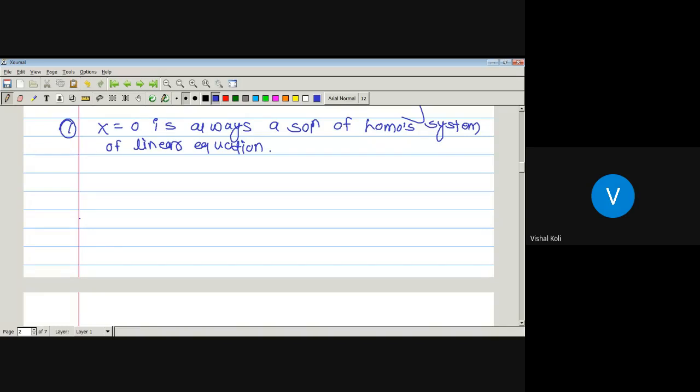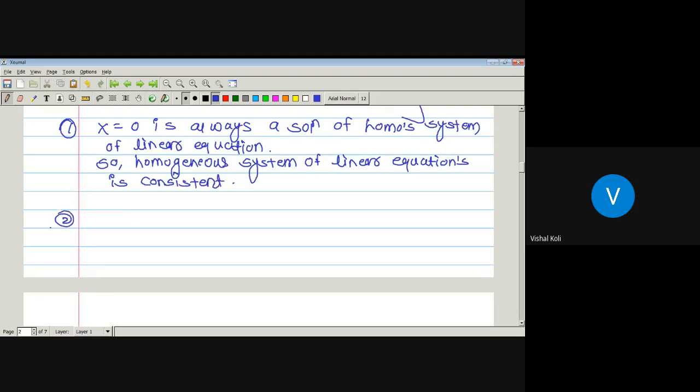As the zero solution is always a solution of a homogeneous system, the homogeneous system of linear equations is always consistent, since it always has a solution.